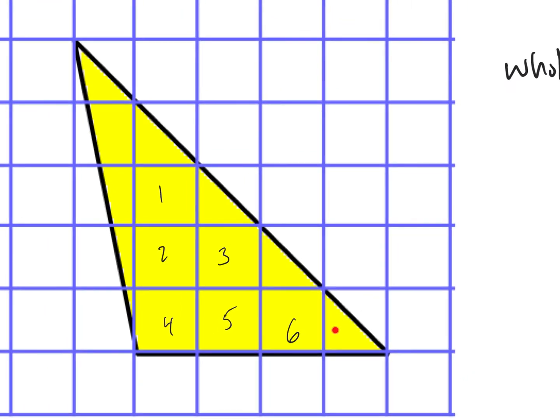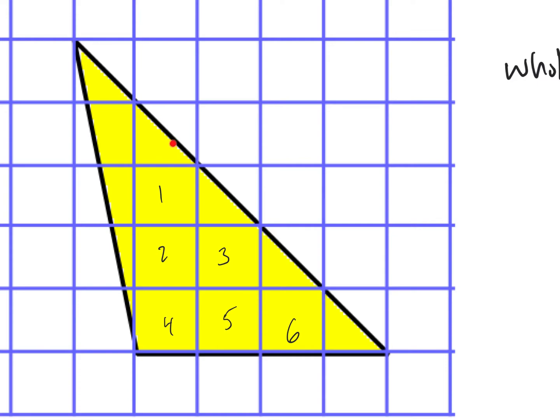So, we got this guy. This guy is almost definitely half. This guy's half. So together they make 1. Half, 1. So we got these 4 parts that make 2. Okay, so we got 2 so far.